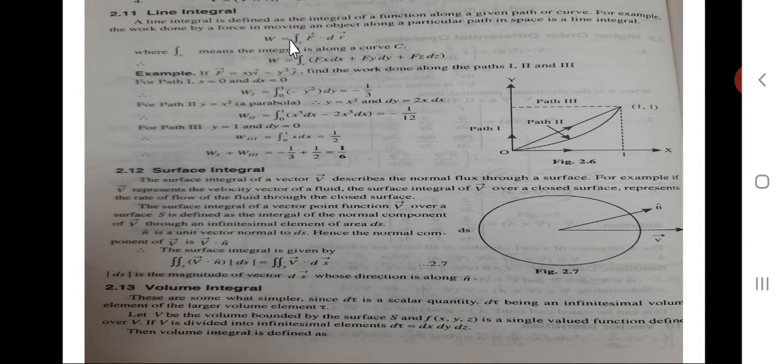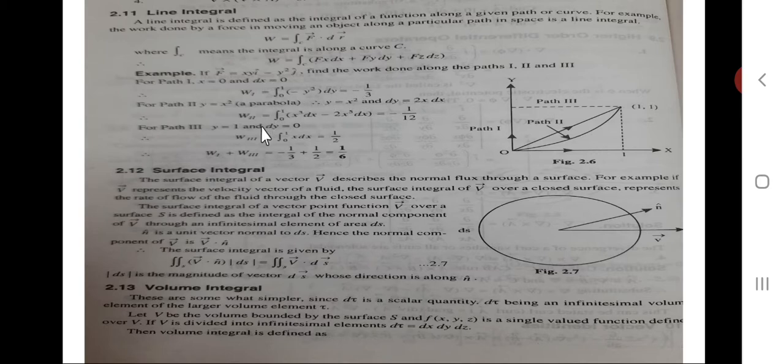Now work done is given by integration of F dot dr, where integration over closed contour means the integral is along a curve C. Now W is equal to integration over C in bracket Fx dx plus Fy dy plus Fz dz.